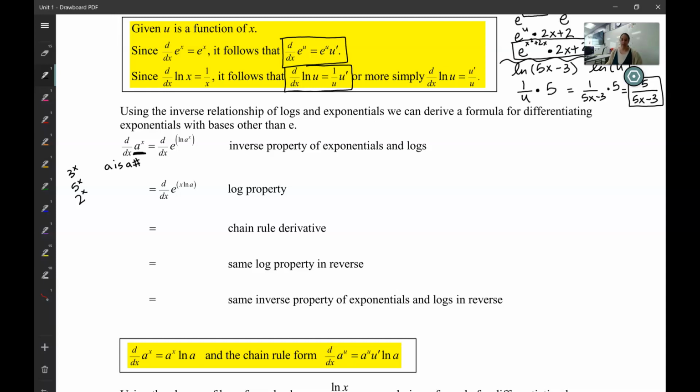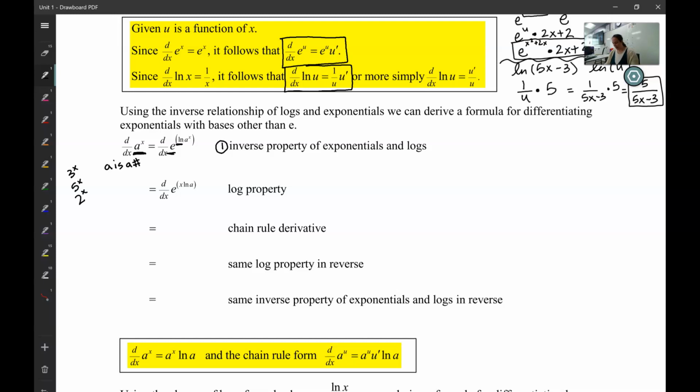And we need to figure out what the derivative of that would be, because it's not the same as e to the x. So what we're going to do right here is, first step, use the inverse property of exponentials and logarithms. So I added e to the ln because I know from the previous chapters that those will cancel out and I end up with my a to the x, what I had.